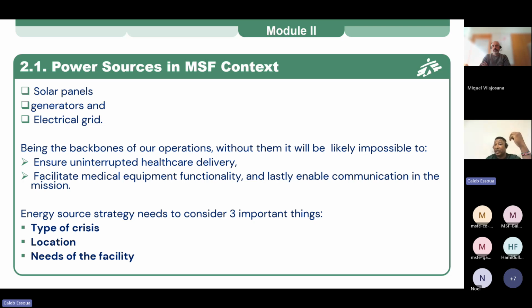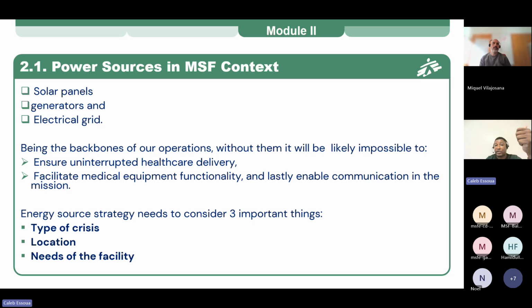For type of crisis, you see: is it a conflict zone with limited power infrastructure? This is what you have to think. Is it a natural disaster place with a damaged power grid where you have to set up everything, or a region that basically lacks access to energy sources, where you have nothing and have to set up the system?